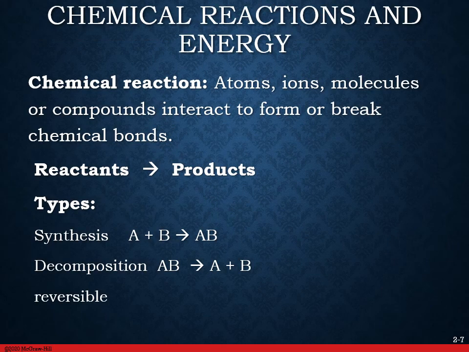Okay, some chemical reactions and the energy associated with them. So a chemical reaction is when bonds are either formed or broken. And let's just look at this. If you have a typical equation where you're mixing two things and you get a reaction, something is made afterwards. So what is being put together in the reaction is called a reactant.